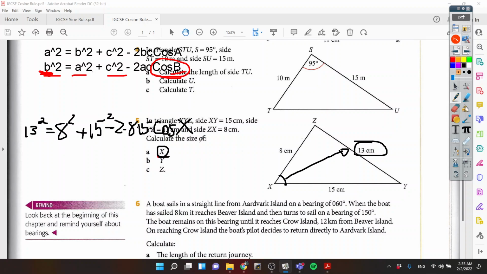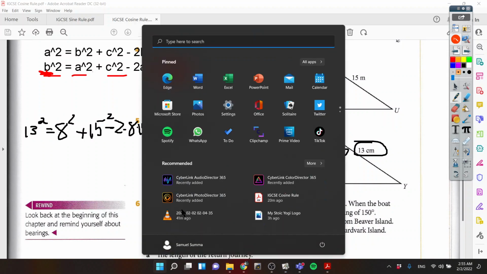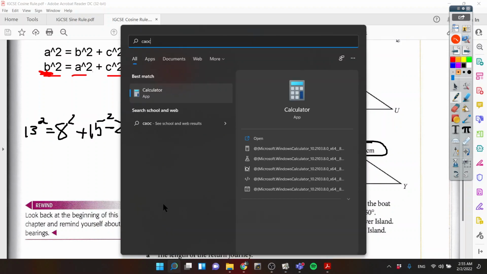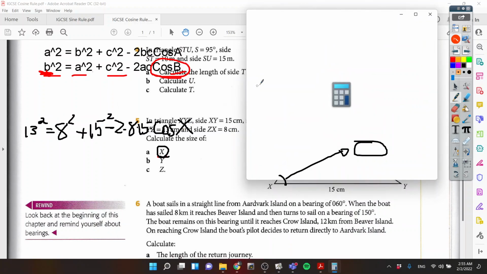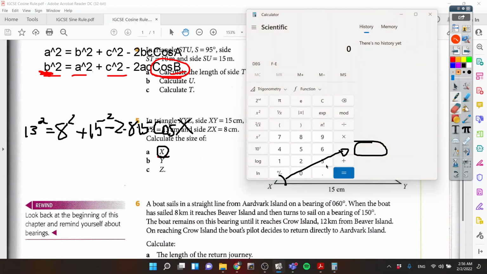So let's simplify some of this. I'll go ahead and get out my calculator again. And in my calculator, let's simplify some things. Well, I know 13 squared is 169, but 225 plus 64, I just don't really want to think.